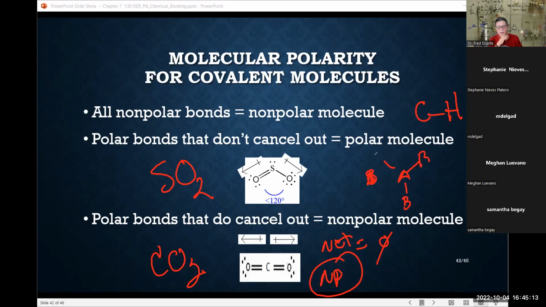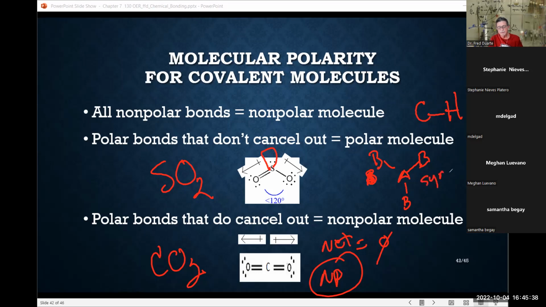And you might say, oh, wait, it's symmetrical. Why don't they cancel out? Well, the difference between these two is that we got a lone pair on the central atom. That lone pair causes the bond angle to shrink, and so now it's no longer symmetrical. It is bent, okay, for sulfur dioxide.